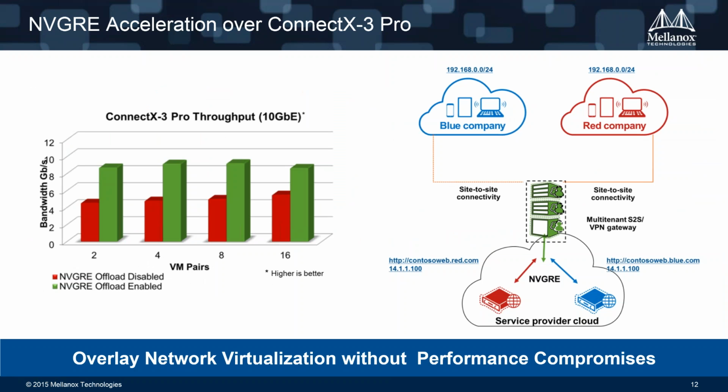You can do it in software, or you can do it using the hardware offload, and this is one of our NICs, the ConnectX-3 Pro on the 10 GbE. You can see that you are getting about 50% higher bandwidth if you are using the offload engine to do the overlay network or to implement NVGRE.